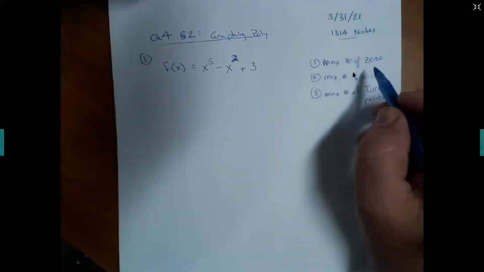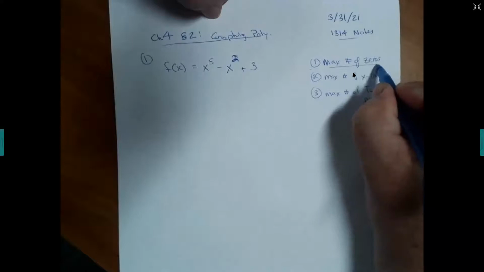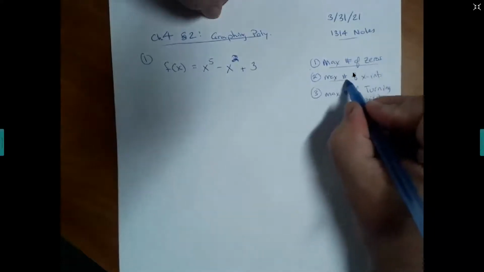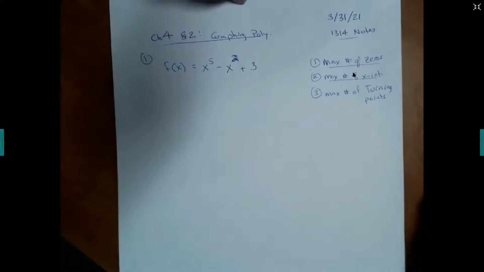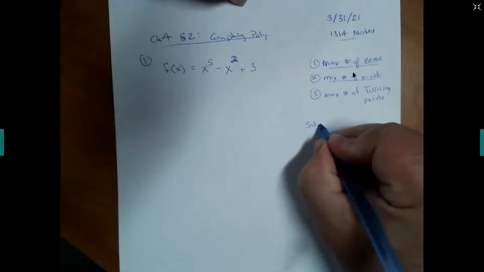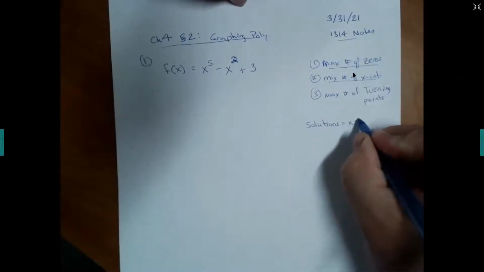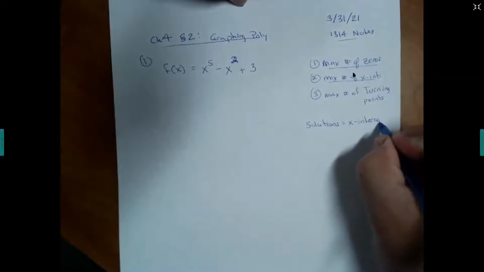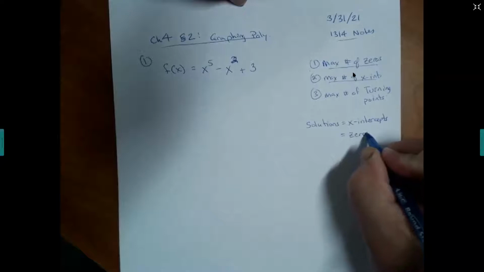So the maximum number of zeros and number of intercepts are the same thing. Zeros are solutions. So solutions are the same things as x-intercepts, which are the same things as zeros.